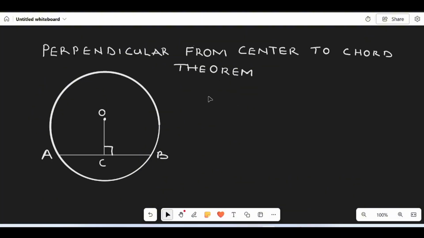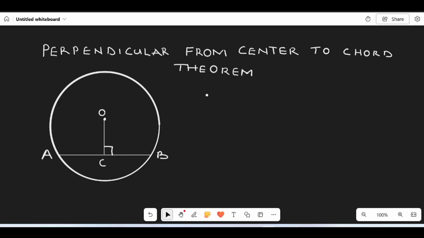Let us quickly summarize. The perpendicular from the center to a chord bisects the chord. It means that if line OC is perpendicular to chord AB, our AC will be equal to CB.